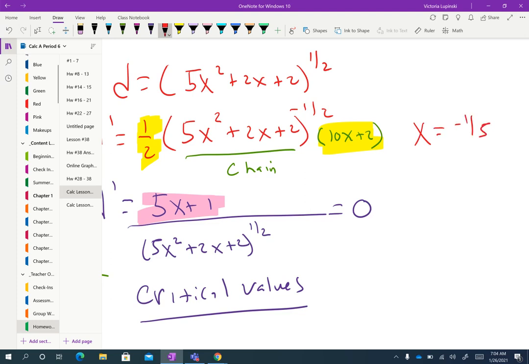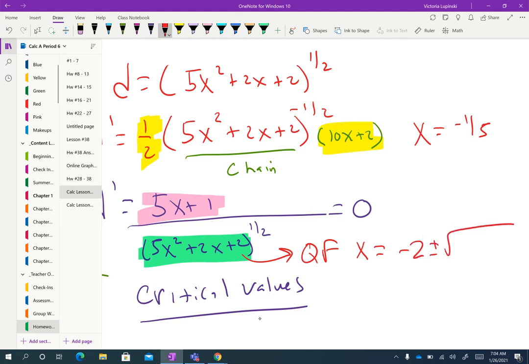If I set the denominator equal to 0, the 1/2 would essentially go away by squaring both sides. And then in order to solve what's inside, I could try to factor it, but it won't. So I would need to do the quadratic formula. So x equals negative b plus or minus the square root of b squared minus 4ac.